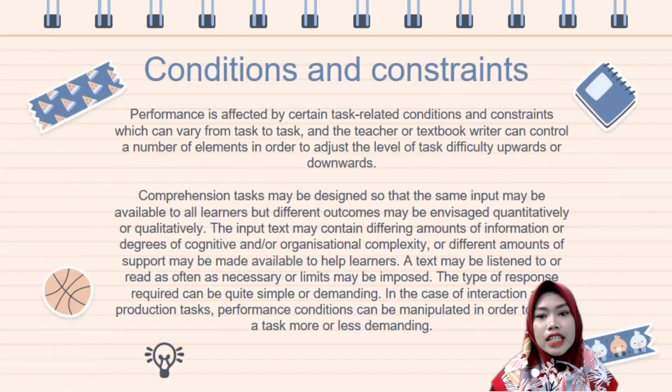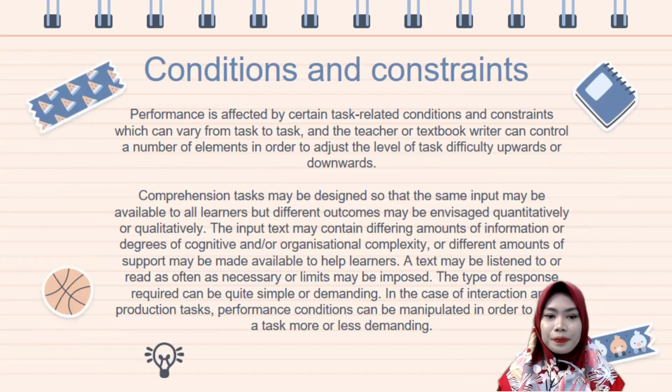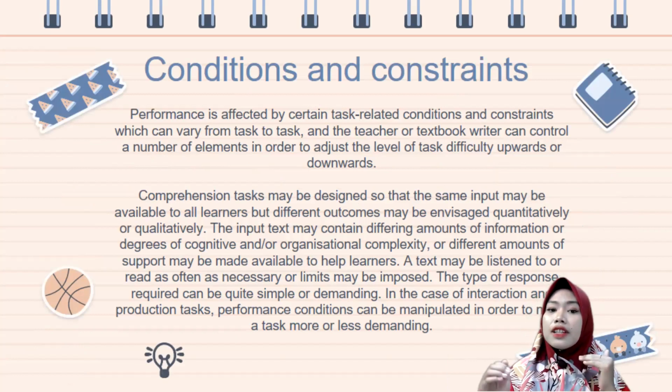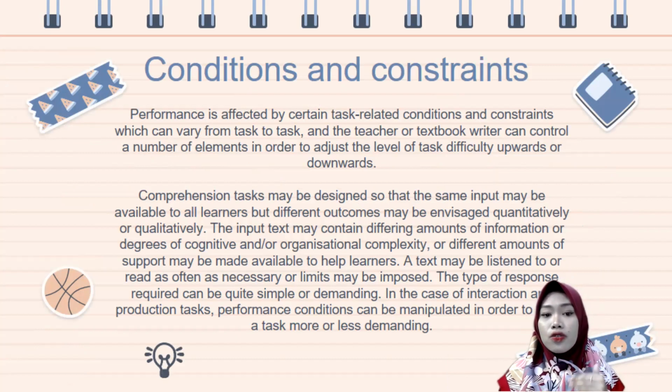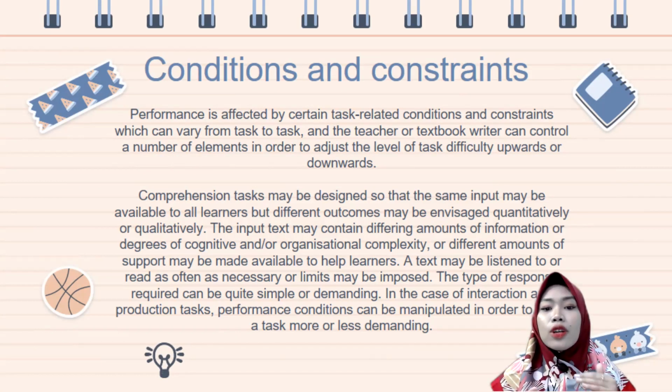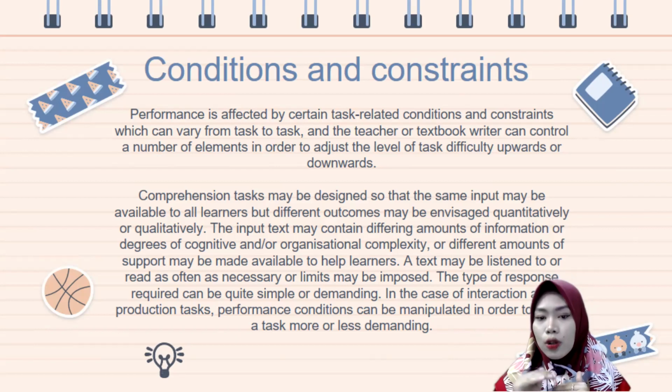And then conditions and constraints. Performance is affected by certain task-related conditions and constraints which can vary from task to task. The teacher or textbook writer can control a number of elements in order to adjust the level of task difficulty upwards or downwards.